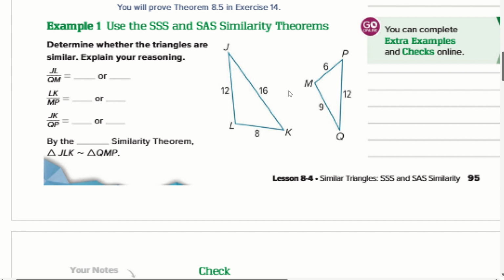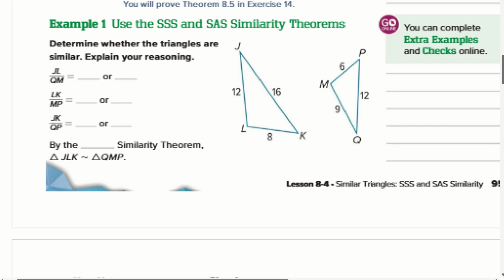So let's see if the sides are proportional. So we can see that JL, and let me just use colors here. How do we know which one matches up with what? Well, first off, you know that the biggest side matches the biggest side. So we know that this side, which is 16, matches the biggest side here, which is 12.